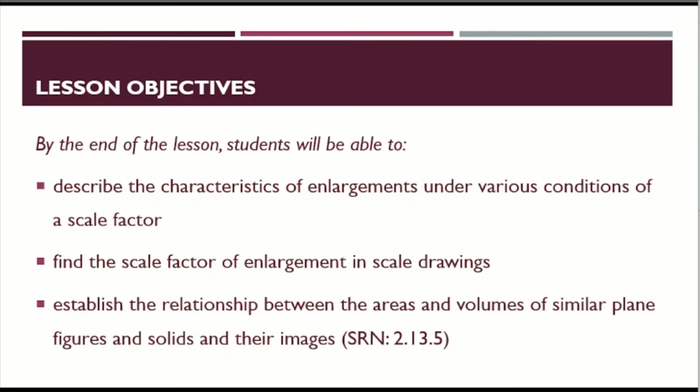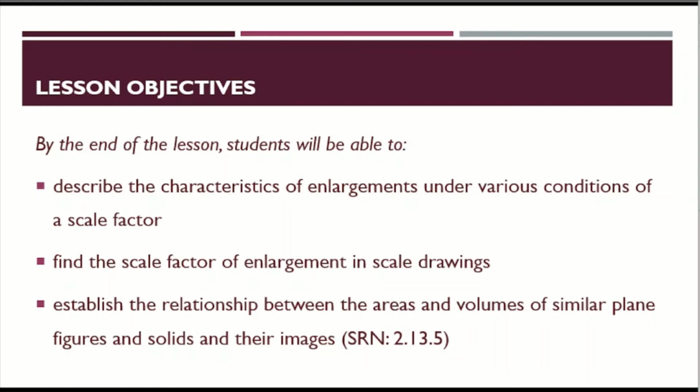Okay, so now in summary, we have been able to achieve our lesson objectives. We were able to describe the characteristics of enlargement under various conditions of the scale factor of enlargement. And we're able to establish that whenever the object and the image are on the same side of the center of enlargement, we have a positive scale factor.